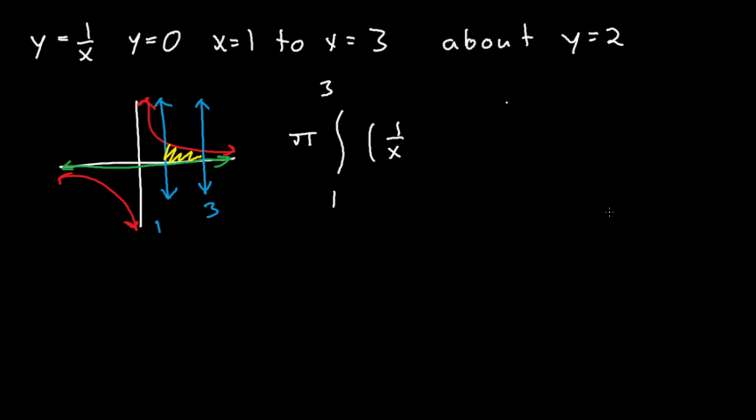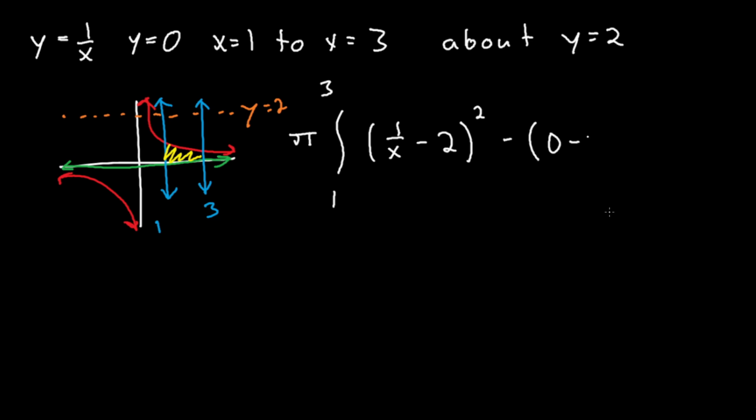The upper bound function is 1 over x. And remember, we are rotating about y is equal to 2. So this right here would be y equals 2. So we subtract our upper bound function by the y value of our new axis, and then square, minus our lower bound function, which is just 0.